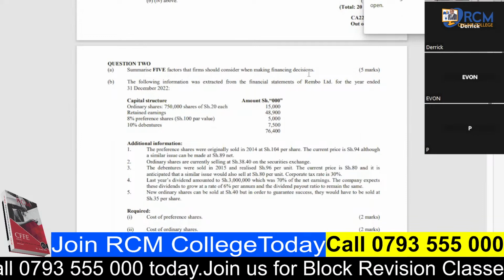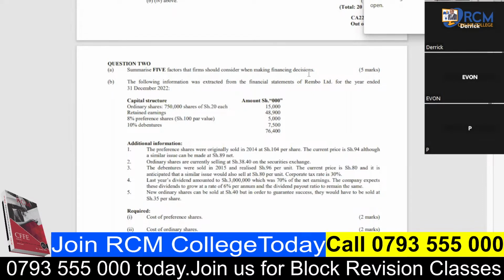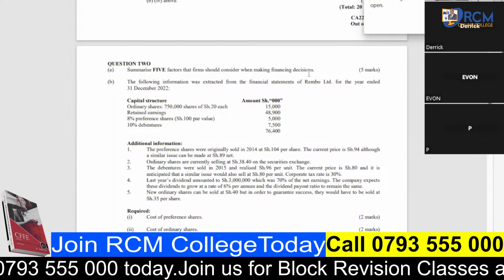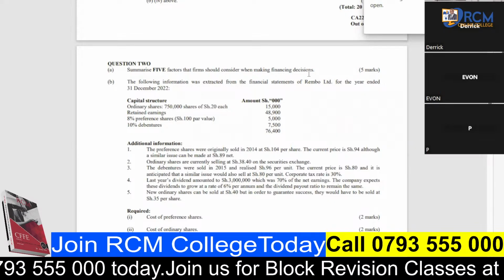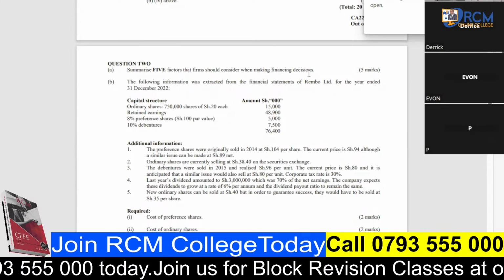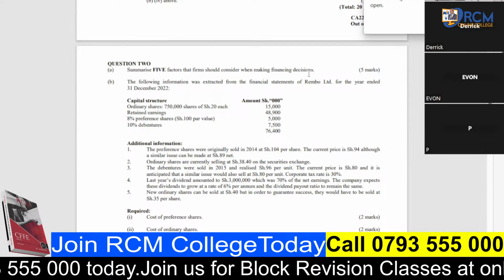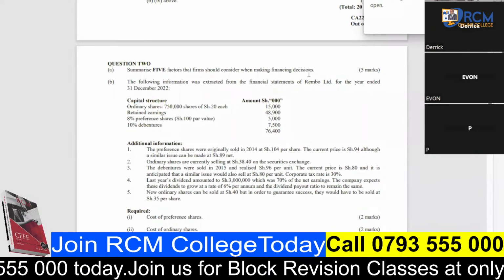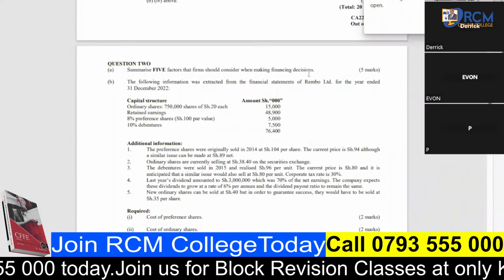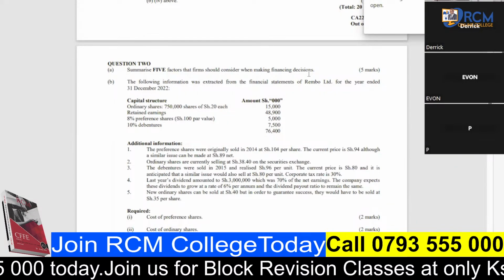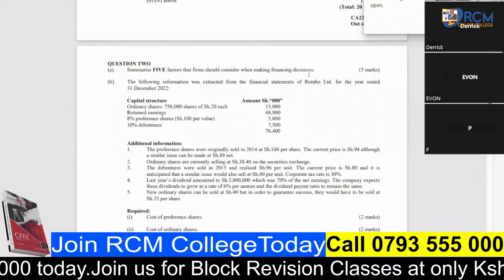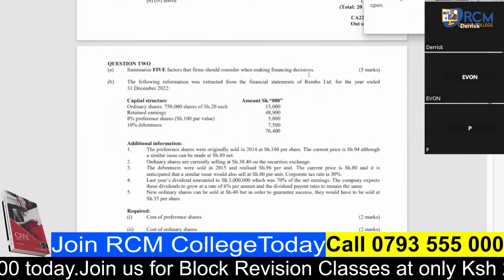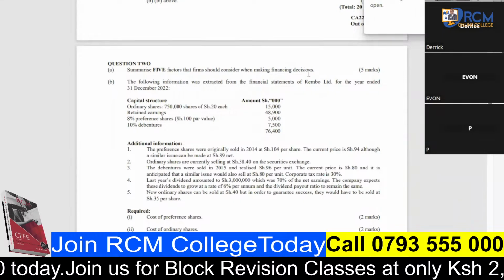Because if you are looking at the capital structure, if the examiner tells you to compute the weighted average cost of capital or weighted marginal cost of capital, they are just things that you should not fail to understand. For instance, getting the component cost is something that you should not miss out.